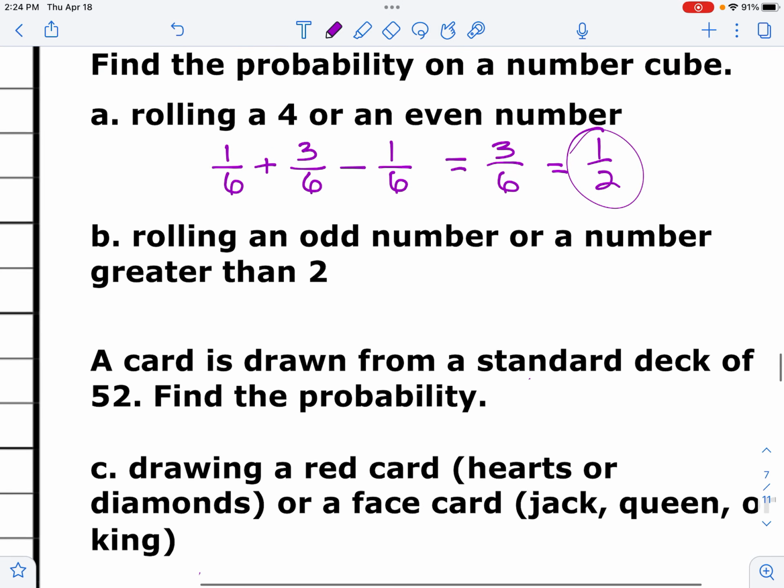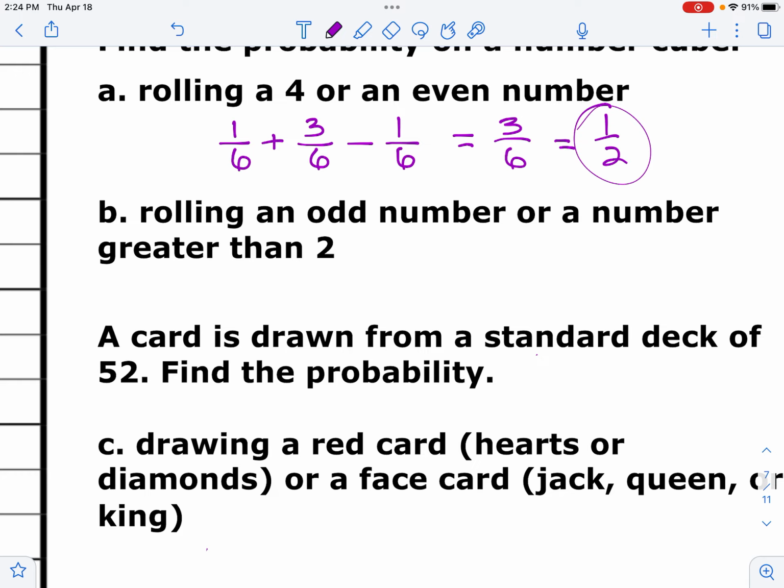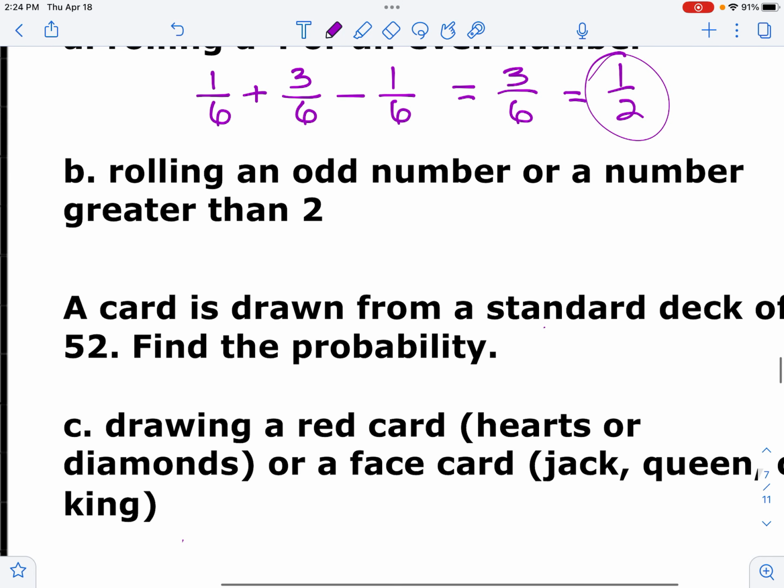Okay, I hope that makes sense. Let's try another one, just to make sure we've got it. Rolling an odd number, that would be 1, 3, and 5 on a number cube, or a number greater than 2, that would be 3, 4, 5, 6. You'll notice there's an overlap. The numbers 3 and 5 overlap.